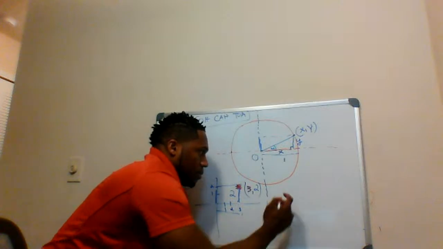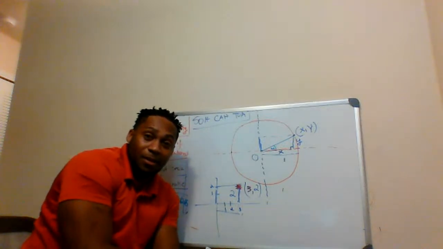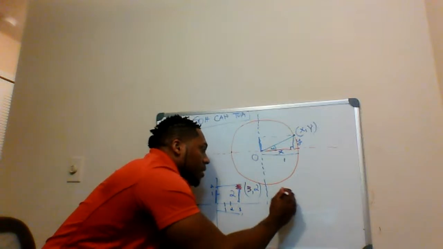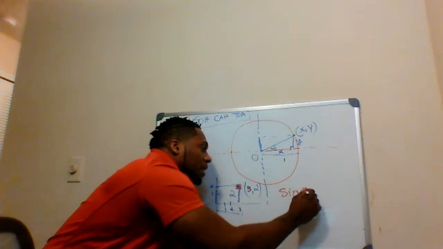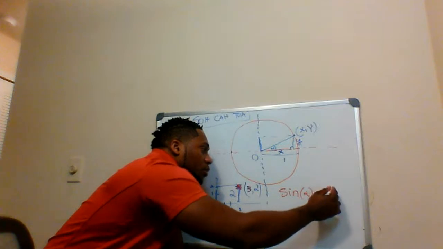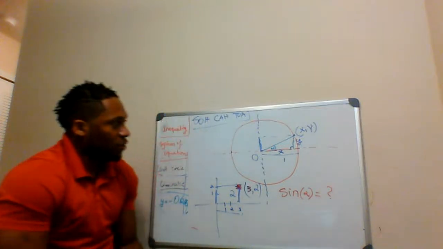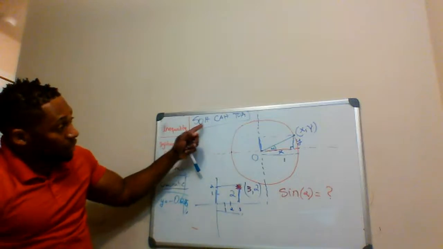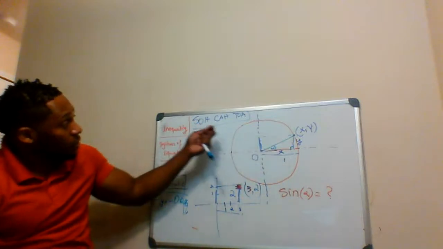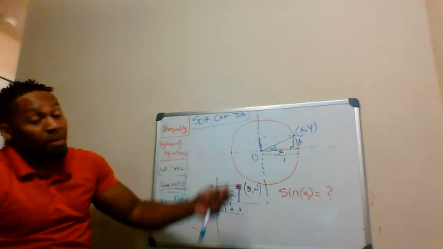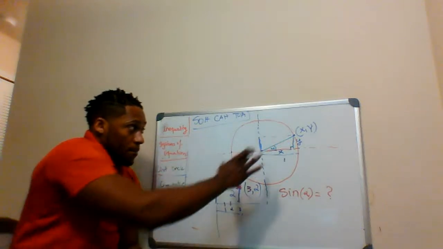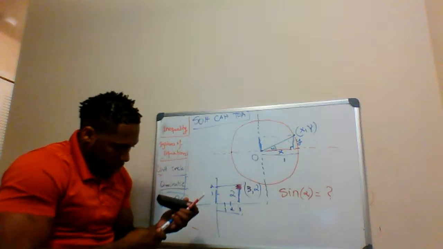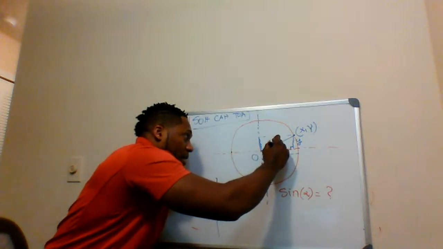If you don't understand, please let me know. So what is cosine? What is sine of this angle alpha that we draw here? Who can tell me what sine of alpha is? Remember, sine is opposite to the angle divided by hypotenuse. This is the hypotenuse.